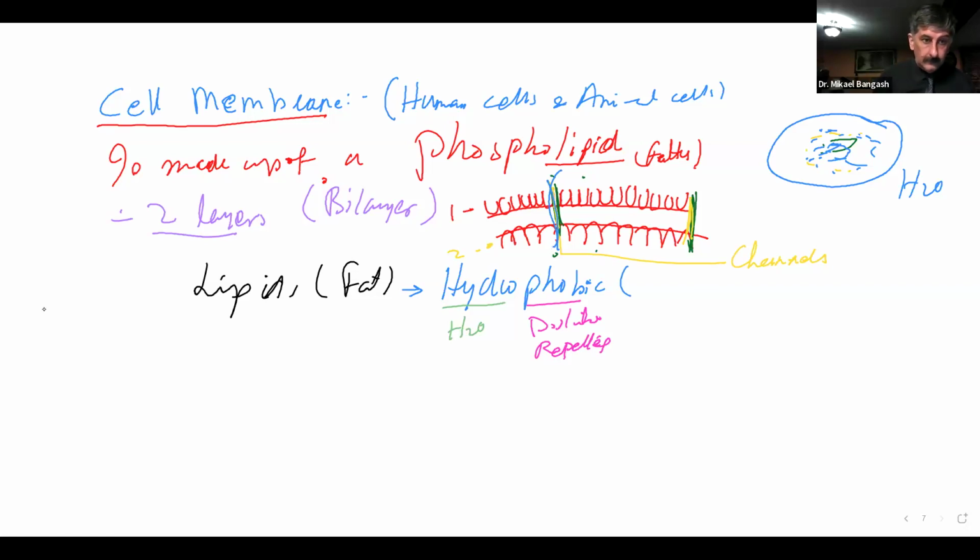Another thing that we may also see in the cell membrane is what we will call, now some people call it, ligand gated channels.